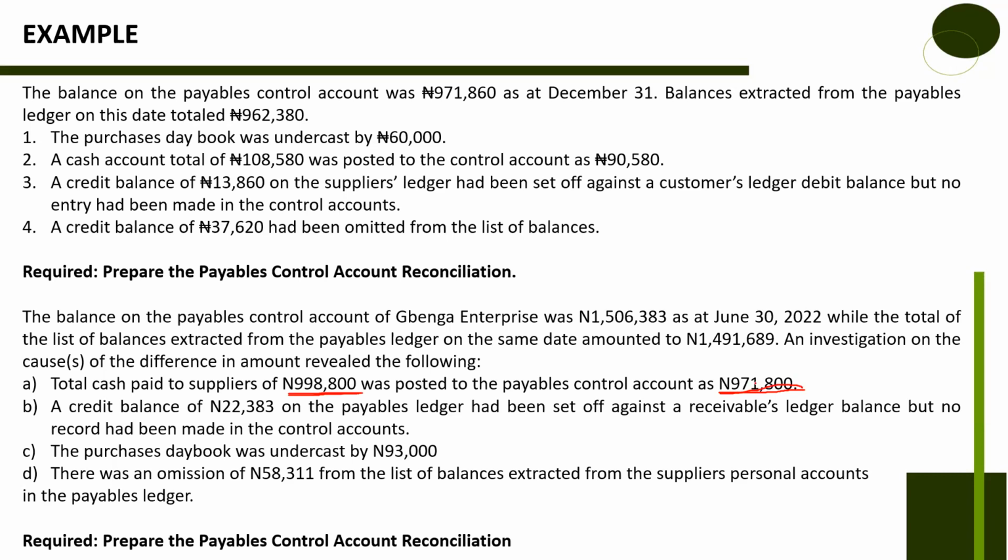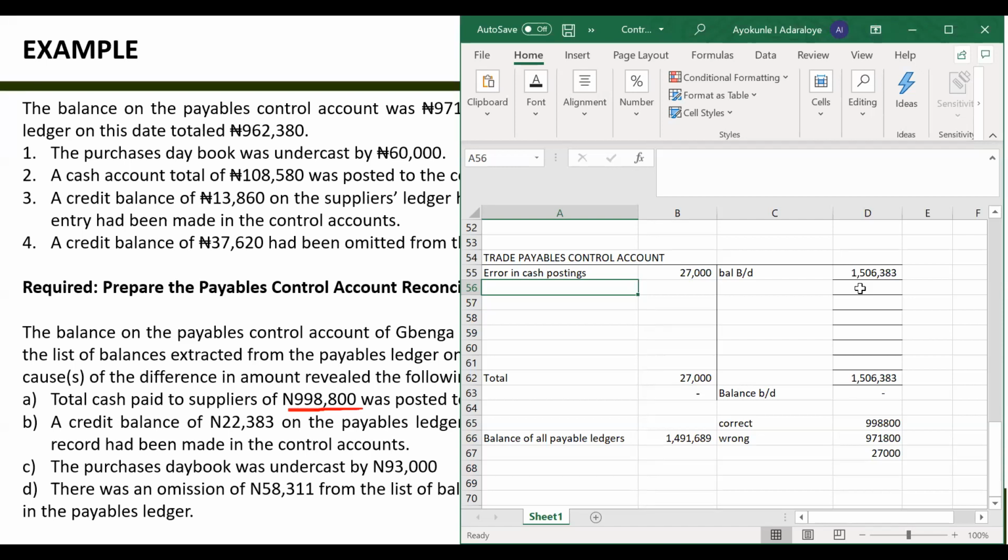Yes. In some instances, this 971 will be the real amount that we're supposed to remove, and we have over removed. In that situation, the adjustment will not be on the debit side, it will be on this side, right? To increase what? The amount we are actually owing, the payable value.